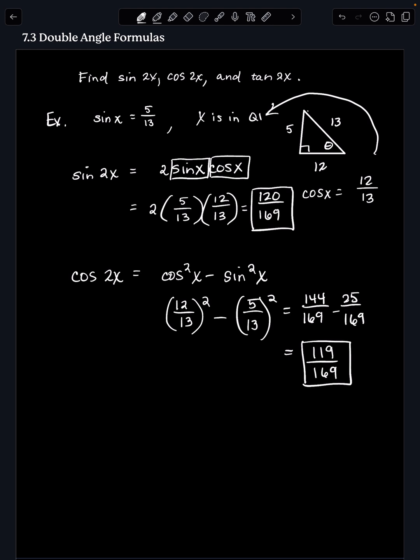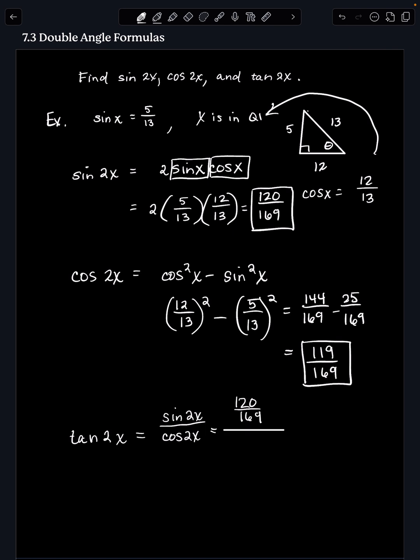And then the double angle for tangent, I don't want you to have to learn another formula. You've got enough formulas. There's lots of formulas in this chapter, so we're just going to know that tangent is sine over cosine. So the double angle for tangent is going to be double angle for sine over the double angle for cosine, and I found the double angle for sine, which was 120 over 169.